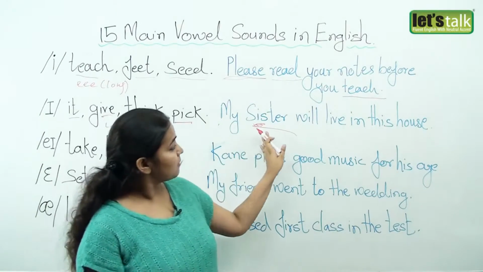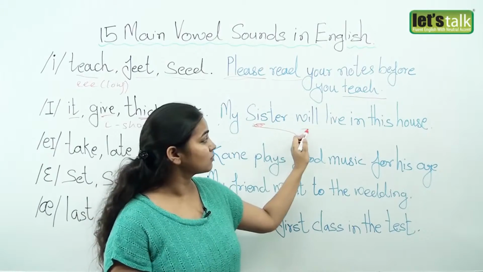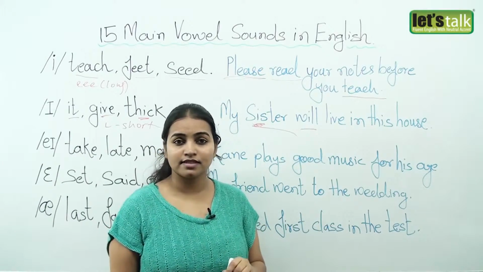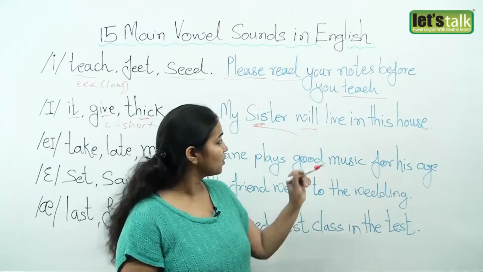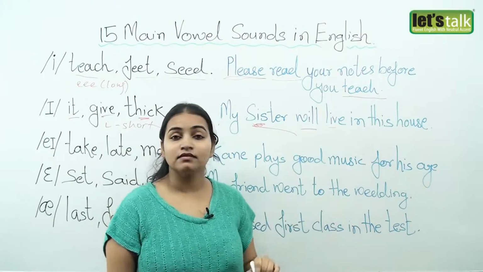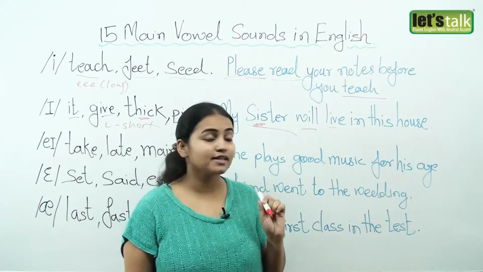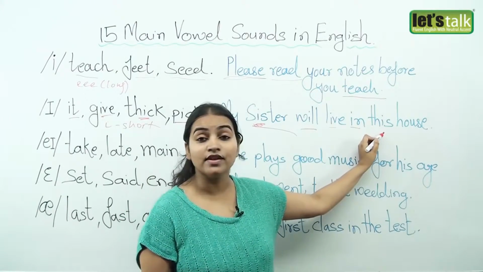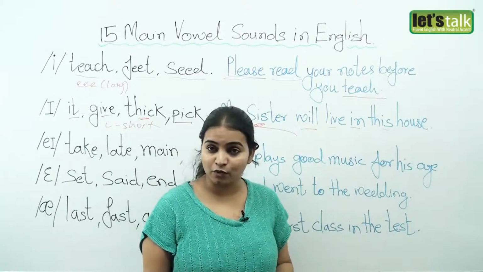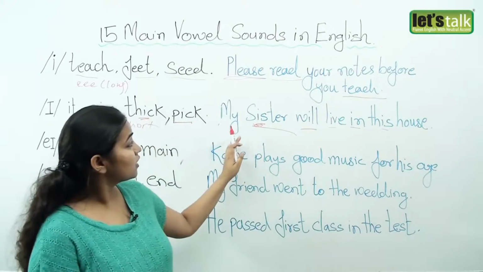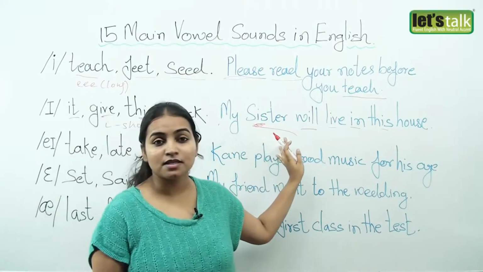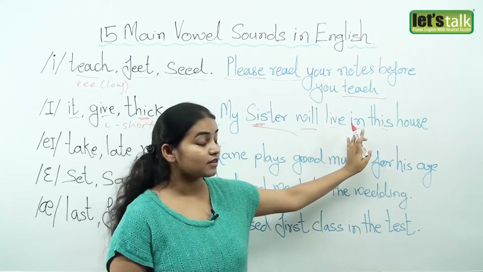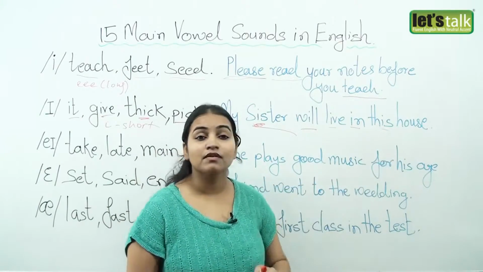So my sister will. Yes, the short I sound, the will. It's a short I sound. Live. Live. So it's a short I sound. In, again a short I sound. This house. I sound. Okay? So it's not sister, it is my sister will live in this house.